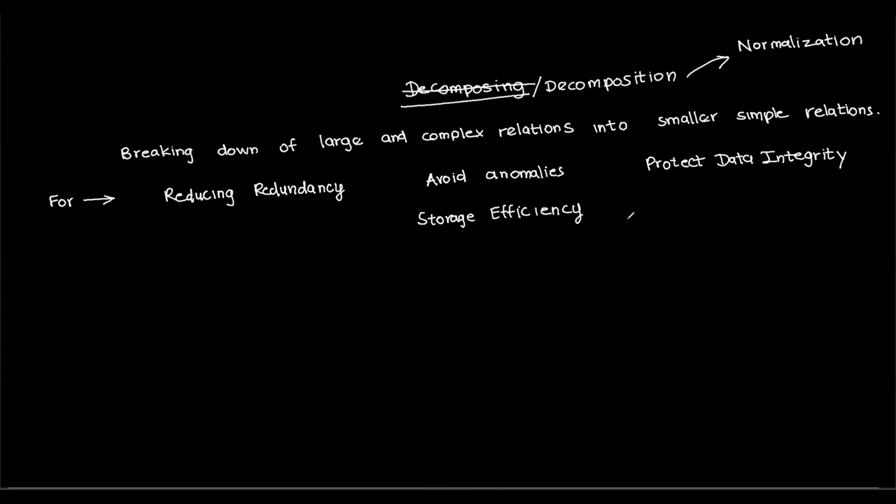These are the four advantages that we receive from decomposing properly or normalizing properly. Well, I have been talking about redundancy for a long time, but I have not actually told you why redundancy forms. Redundancy is when different versions of the same data are stored in different places of a relation.